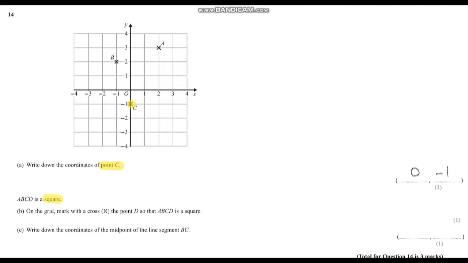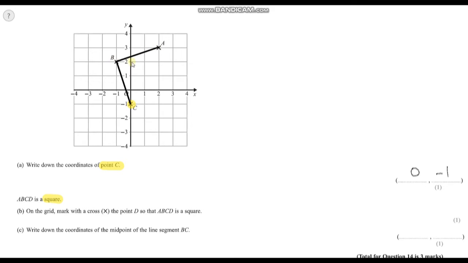So let's draw in a line as part of our square. That's a bit thick, so let's make it a bit thinner. So that is one side of our square. Let's do one of the other sides, from B to C, like this. Now this length here, from C to D, needs to be parallel with this length here, B to A. So let's look at what the gradient of this line is.